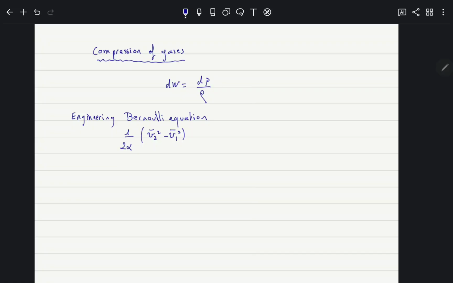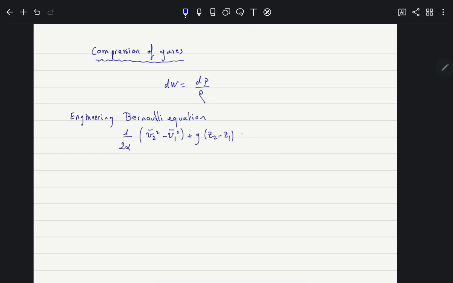Those two terms represent the kinetic energy, and we have our potential energy g(Z2 minus Z1), and we have a work of compression.